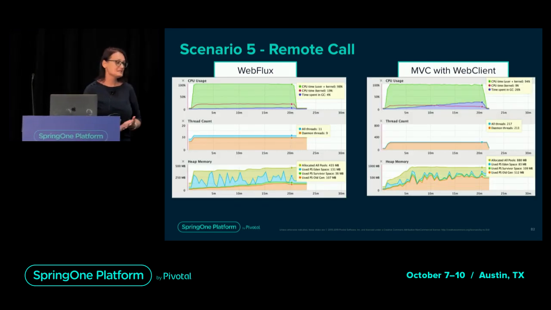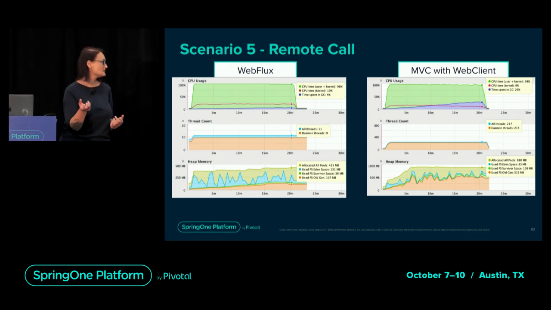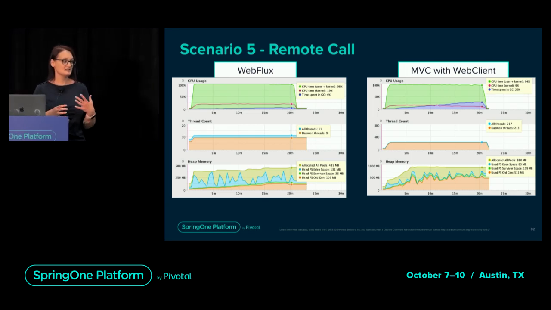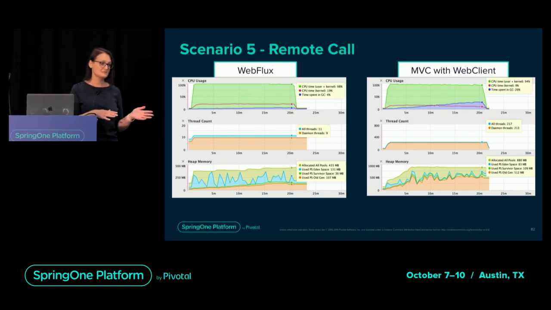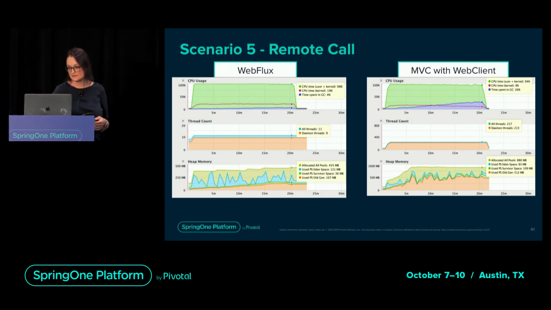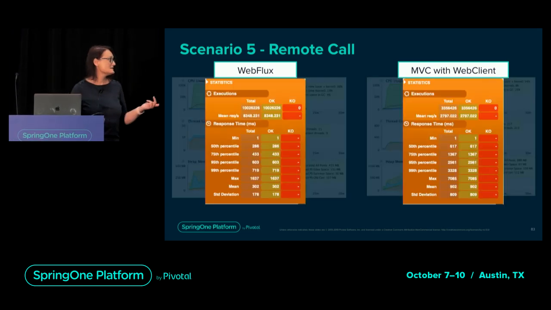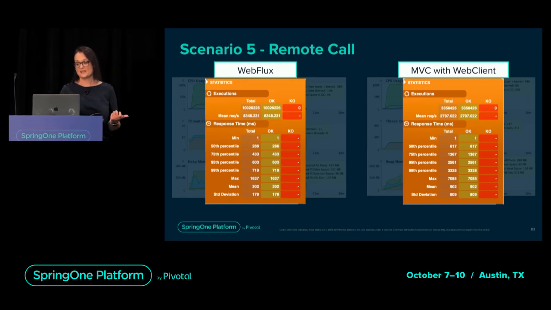And what happens if we switch our MVC application just to use web client for the remote calls? Here you see that the memory in comparison with the use case with REST template is increased, but actually what happens with the requests is that with web MVC, with web client, we are able to serve a lot more requests than with WebMVC with a REST client.